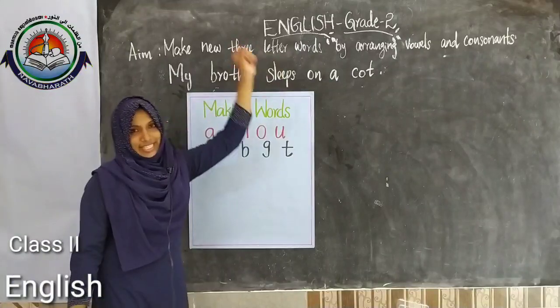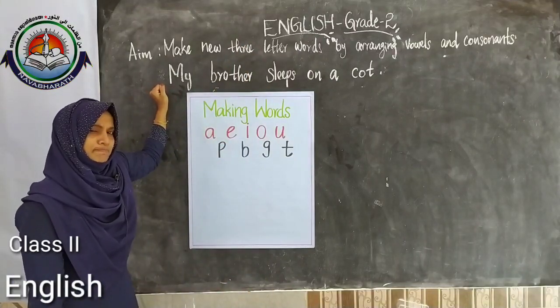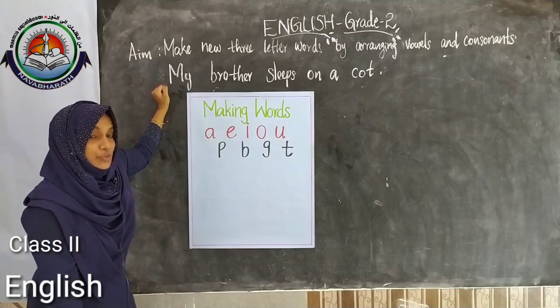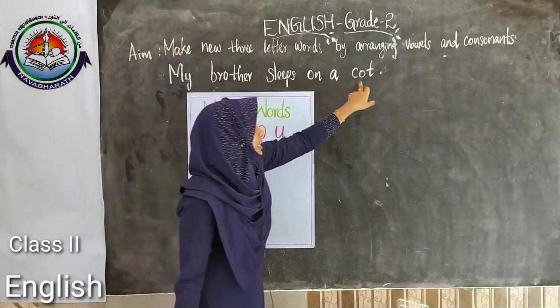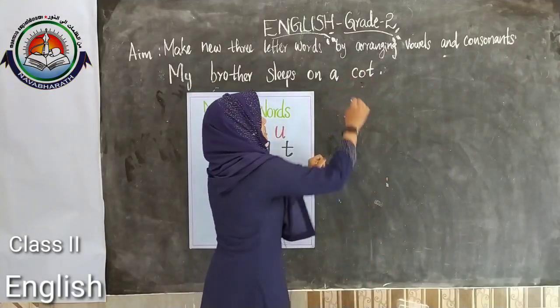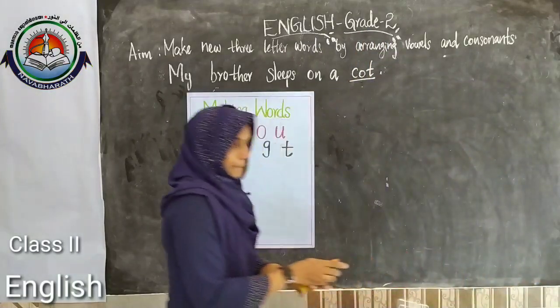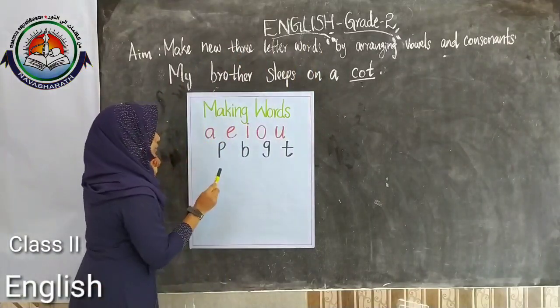So this is that sentence. From this sentence, which one is a simple 3-letter word? Yes, it is this word. Let's take this word, cot. Ma'am is going to write this word here.